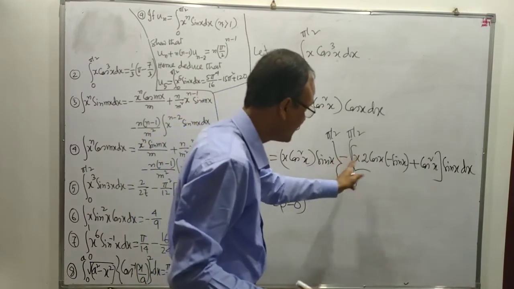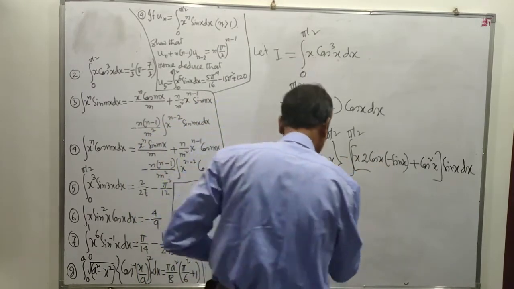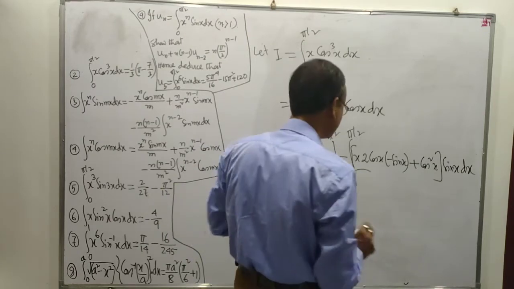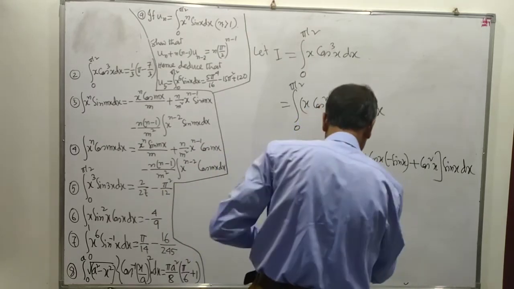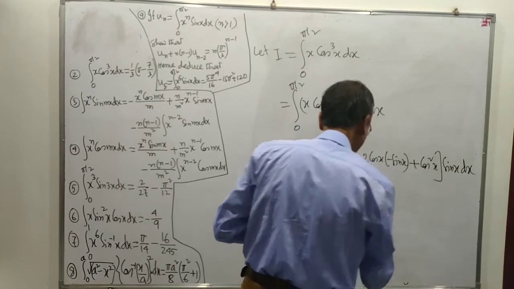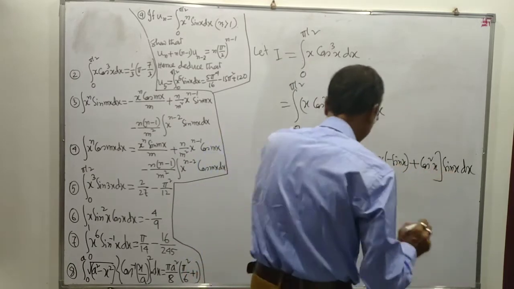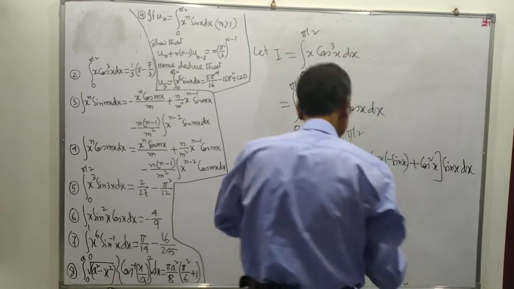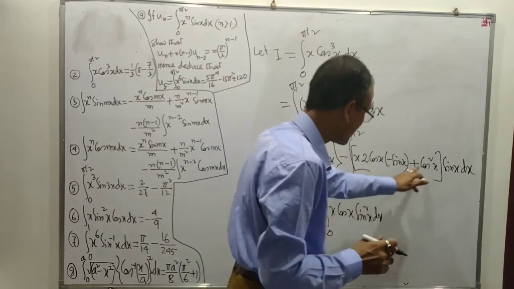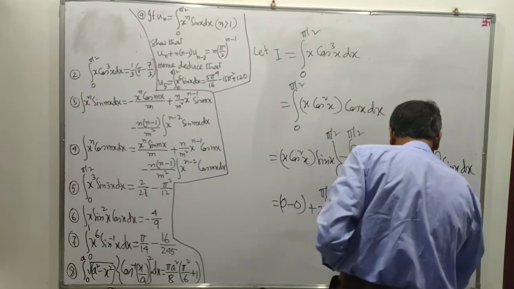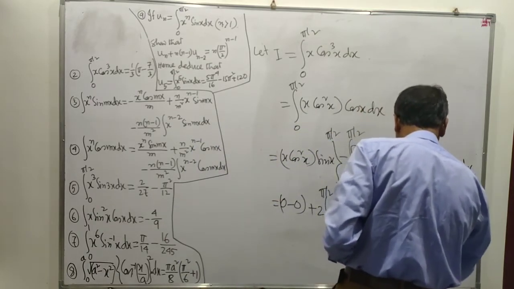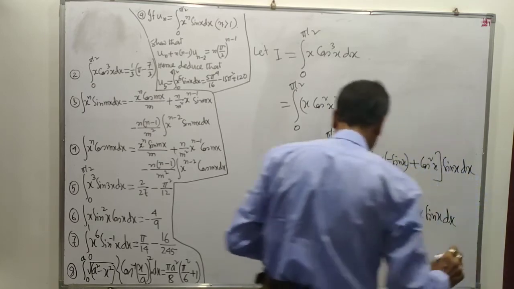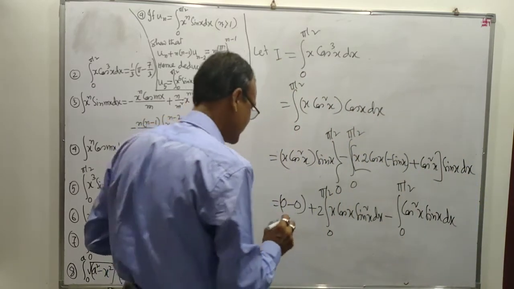Now see, minus into minus gives plus 2 times the integral from 0 to pi by 2 of x cos x into sin x, it will be sin square x, and then minus the integral from 0 to pi by 2 of cos square x into sin x dx.